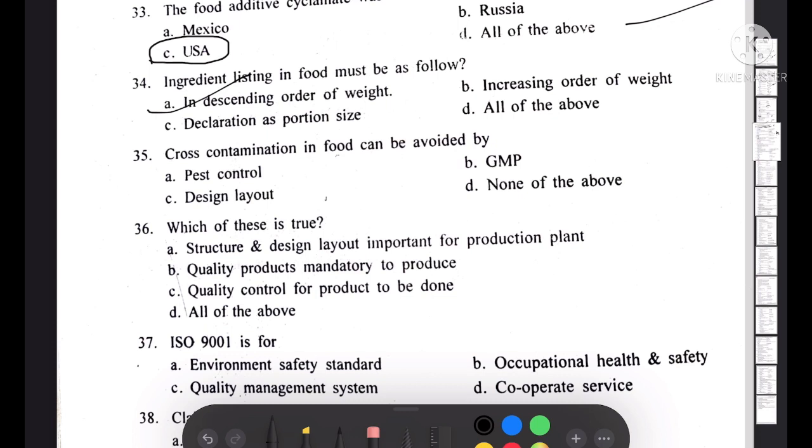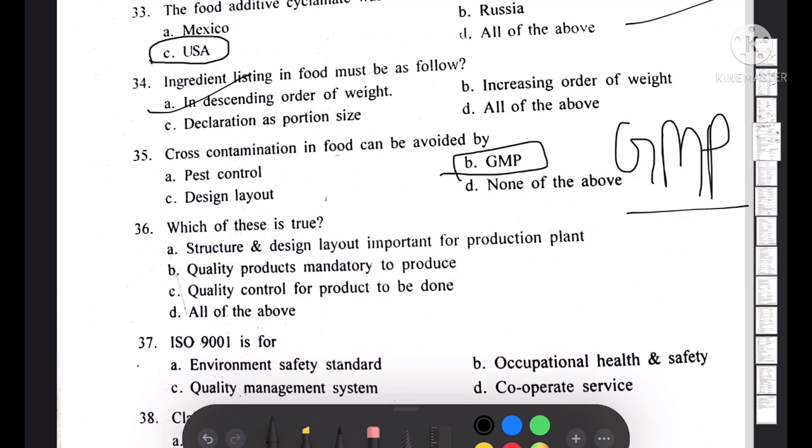So cross contamination in food can be avoided by GMP, good manufacturing practices. These are important for food business operators. Good manufacturing practices are the set of requirements to be followed by the manufacturing units, processing units, and packaging units to ensure that the products and services they offer are safe, clean, and effective.